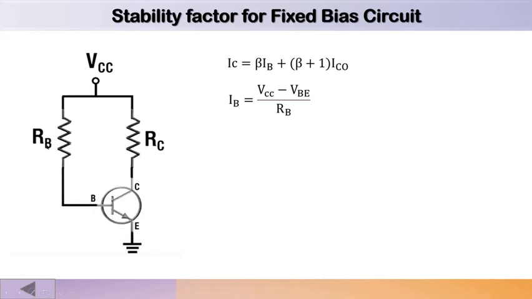From that we get IB equal to VCC minus VBE divided by RB. Putting this IB in this equation, we get IC equal to beta into VCC minus VBE divided by RB plus beta plus 1 into ICO.